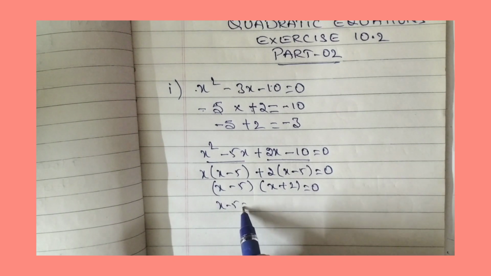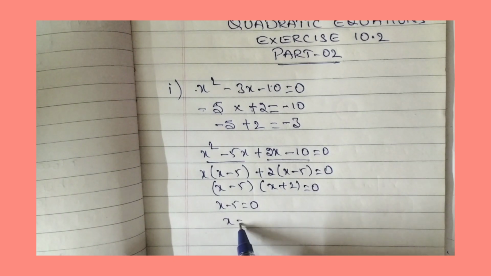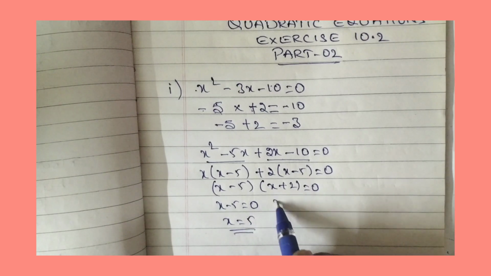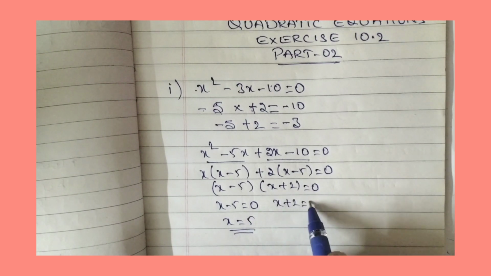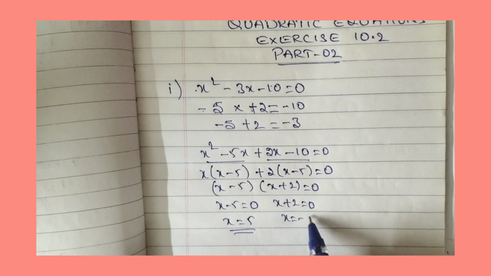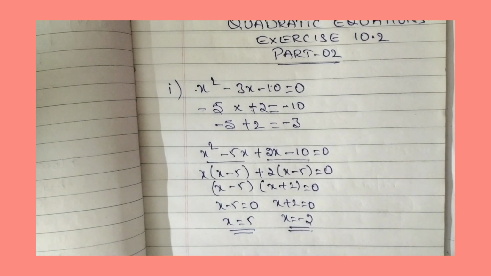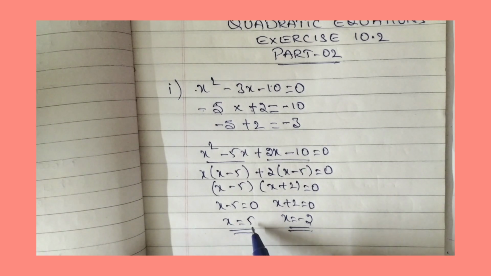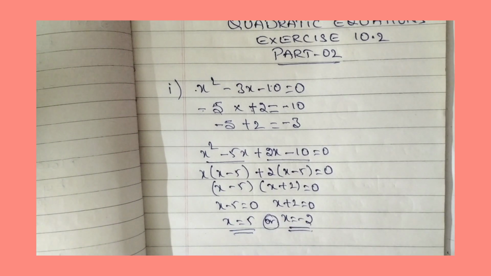So x minus 5 is equal to 0, x is equal to 5, then x plus 2 is equal to 0, x is equal to minus 2. Therefore, the roots are x is equal to 5 or x is equal to minus 2. So like this we have to factorize the given quadratic equation.